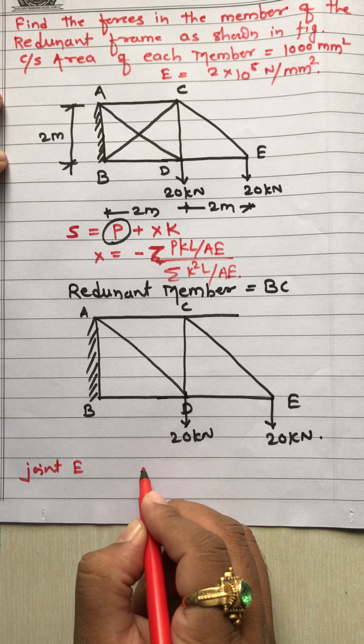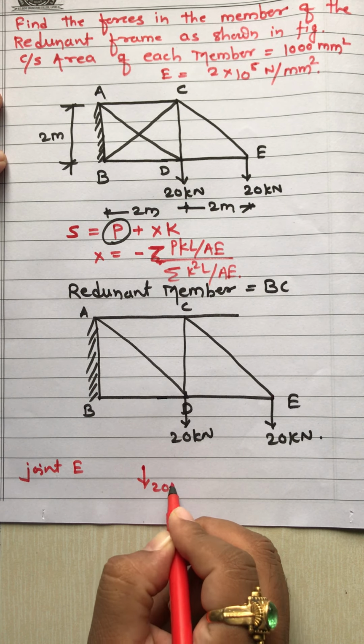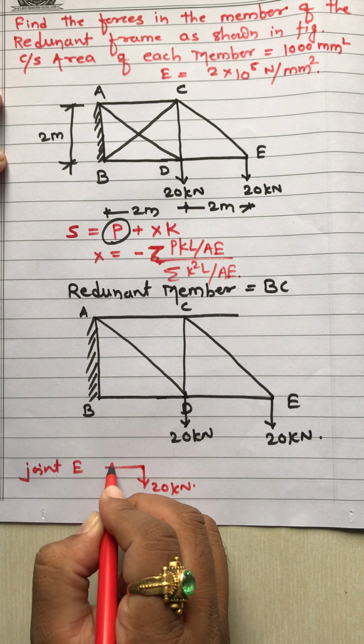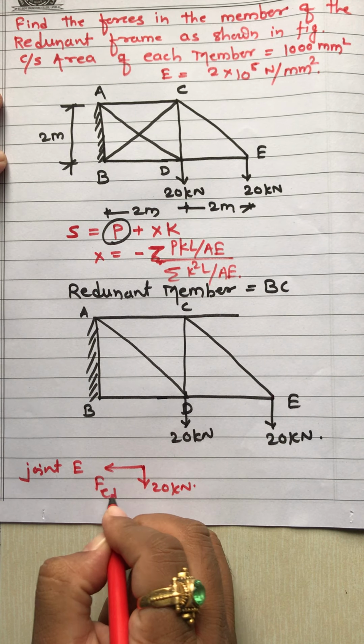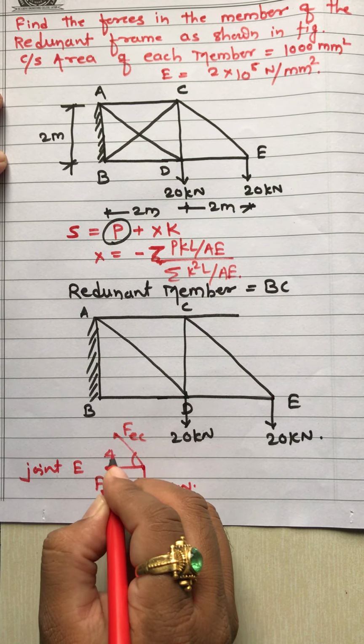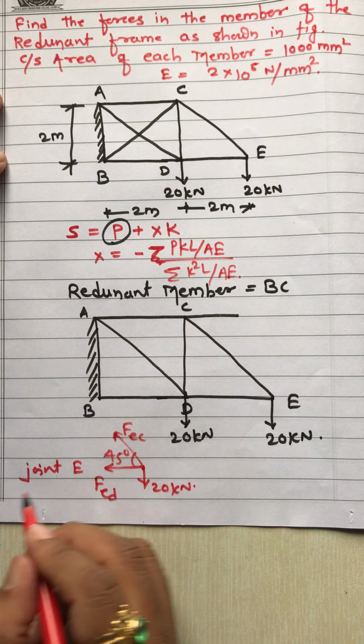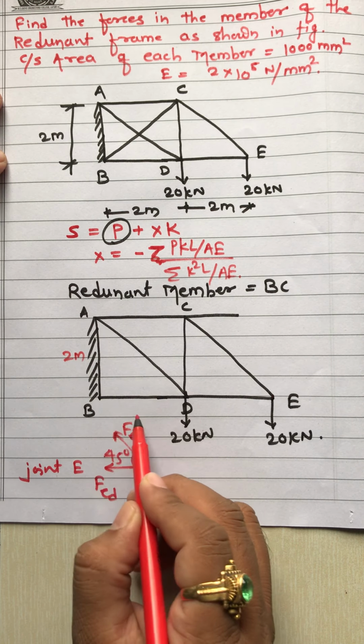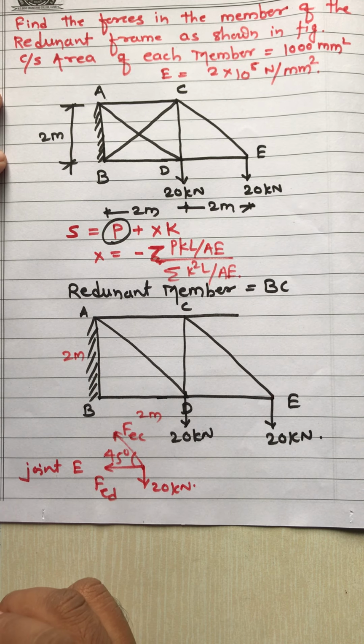So at joint E we have 20 kilonewton, FED and FEC, and this becomes 45 degree. We know this is 2 meter and this is also 2 meter, so this becomes 45 degree.